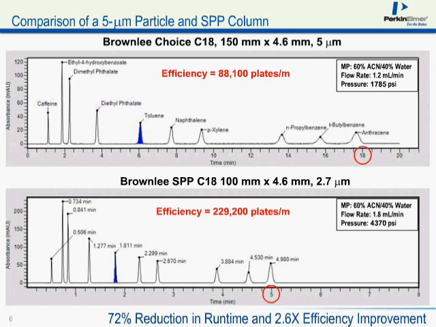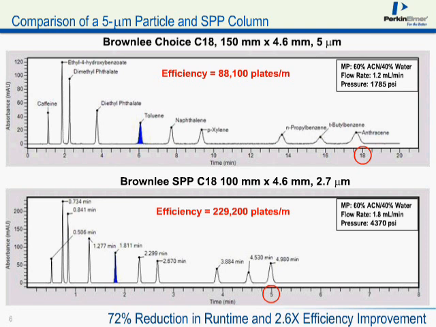You'll notice that both of these were run isocratically at 60% ACN, 40% water. The flow rate on the 5 micron column was 1.2 mL a minute, which is really the optimum flow rate for that size of column, a 4.6 millimeter ID 5 micron column. And you'll notice that this run takes about 18 minutes.